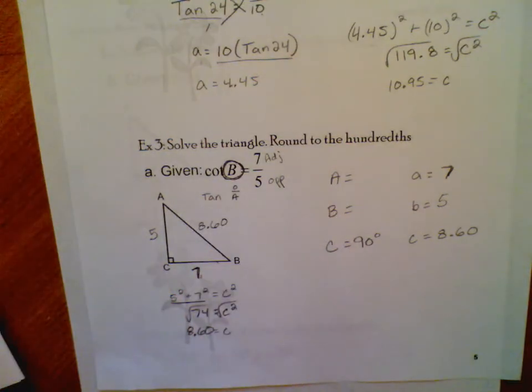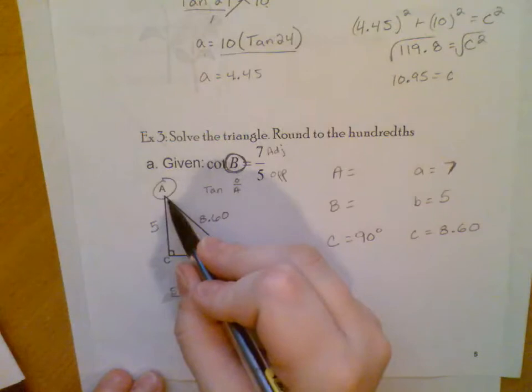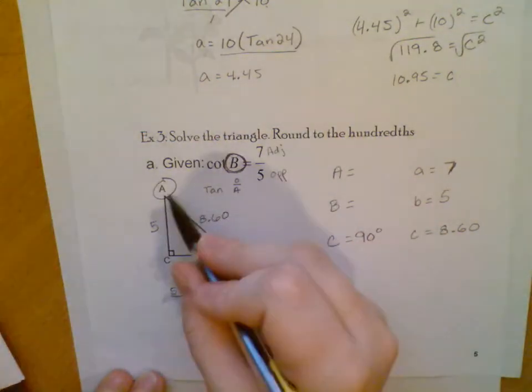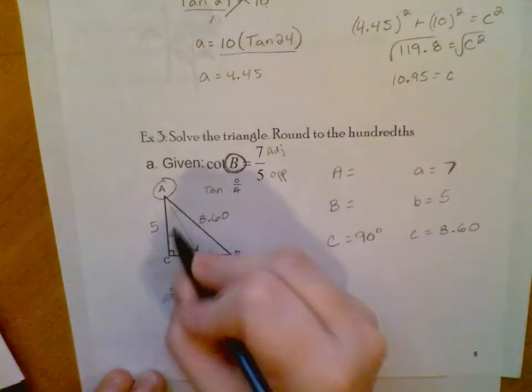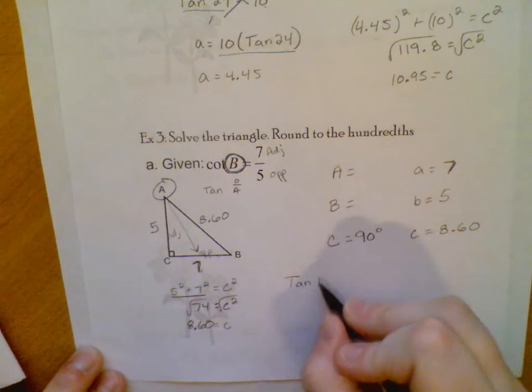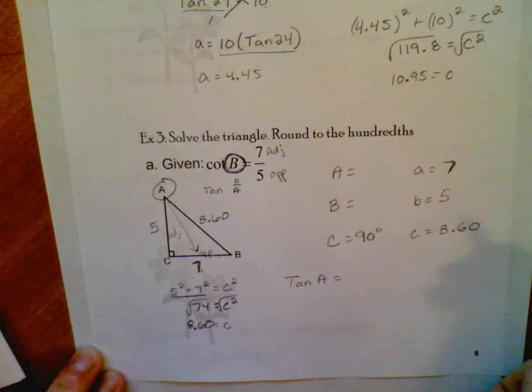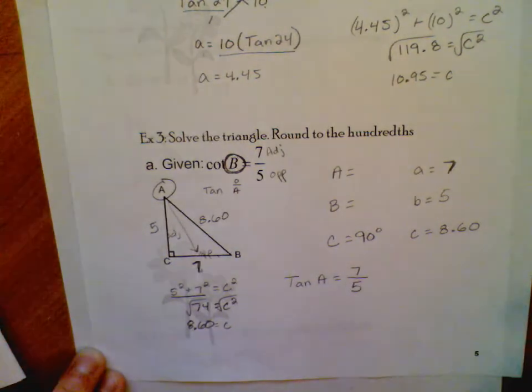Now I need to find an angle measure. Let's find angle A. I'm going to use 5 and 7, so that way I don't have to deal with the decimal. This is the side opposite angle A, and this is the side adjacent. So tangent, because tangent uses opposite adjacent, of angle A, which I don't know, is equal to the side opposite, 7, over adjacent, which is 5.